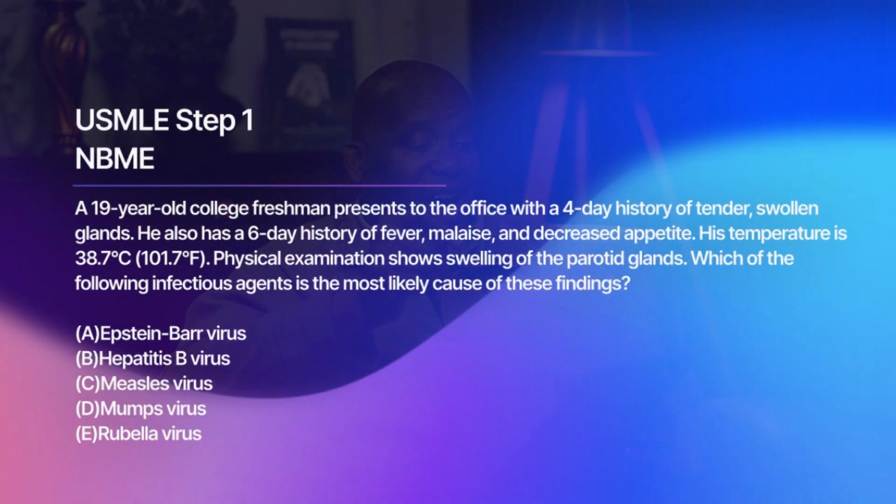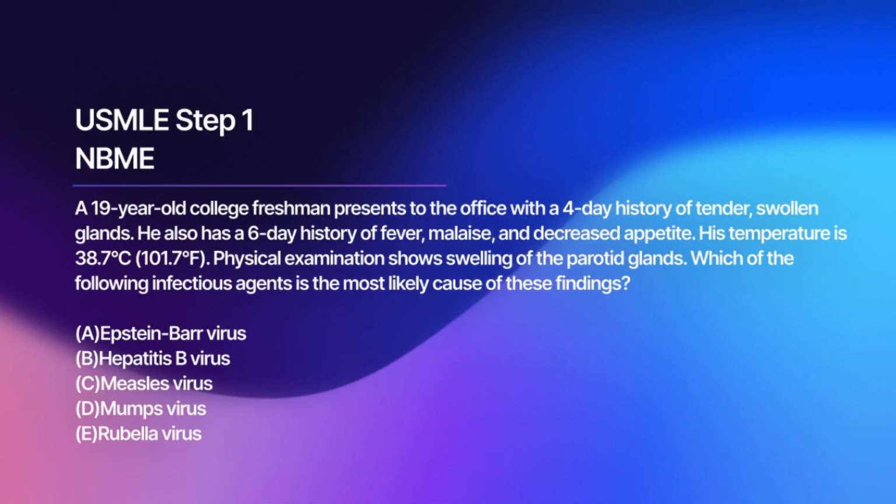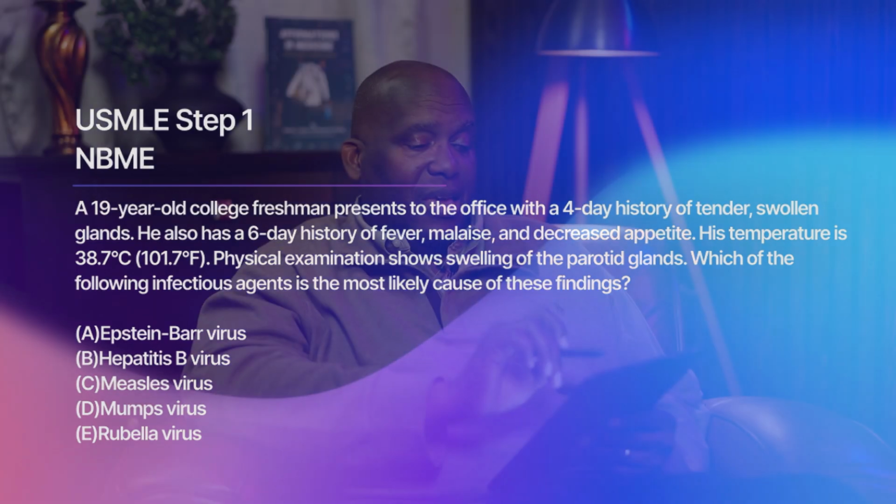If you are confident that A, B, C, and E are not representative of what's presented in the vignette, especially with that key context of the swelling of the parotid glands, which is almost pathognomonic along with the other components, then the answer has to be D, the one you don't know, based on testing skill.